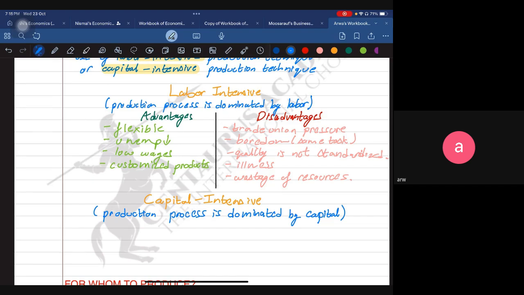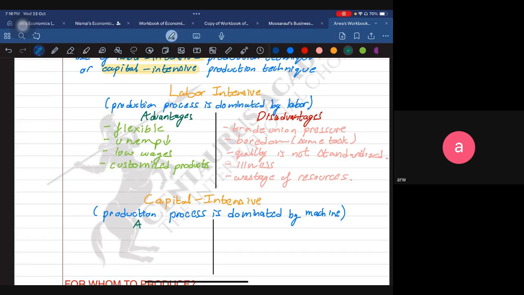Rather than writing capital, we can also write machines, to make it simple what it is all about. Now, if we talk about some of the advantages and disadvantages of this, what could be the advantages and what could be the drawbacks?